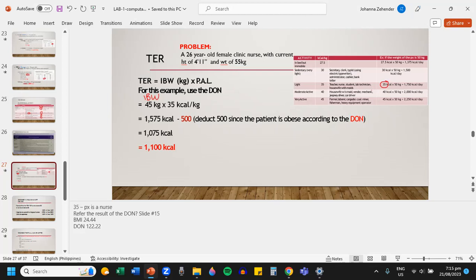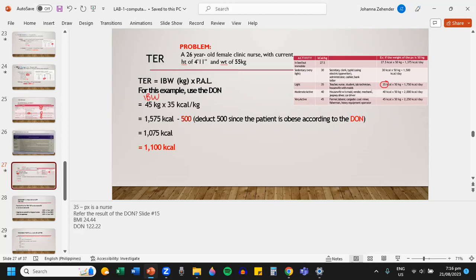So we have this formula: the TER is equal to ideal body weight in kilograms times the physical activity level. Now for this example, we are going to use the DOH. The ideal body weight for this patient is 45 kilograms, after computing. So we're going to multiply that by 35 kilocalories per kilogram.